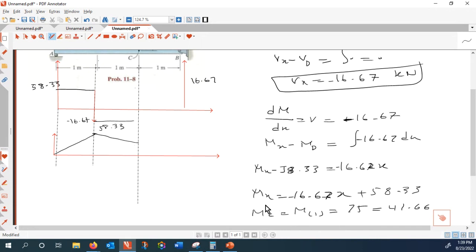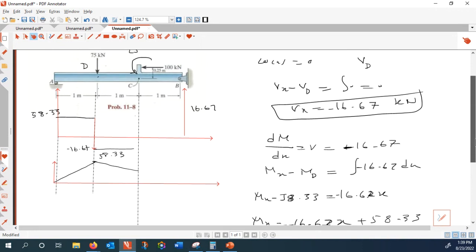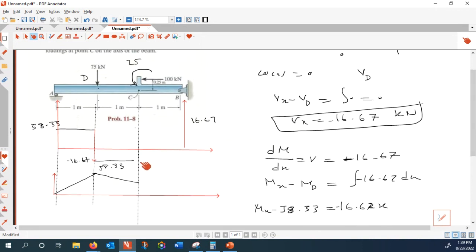All right, and now in the last zone, we don't have any changes of the shear force. It comes to the same number here, but then the reaction brings that one to 0 here. The reaction is 16 point.